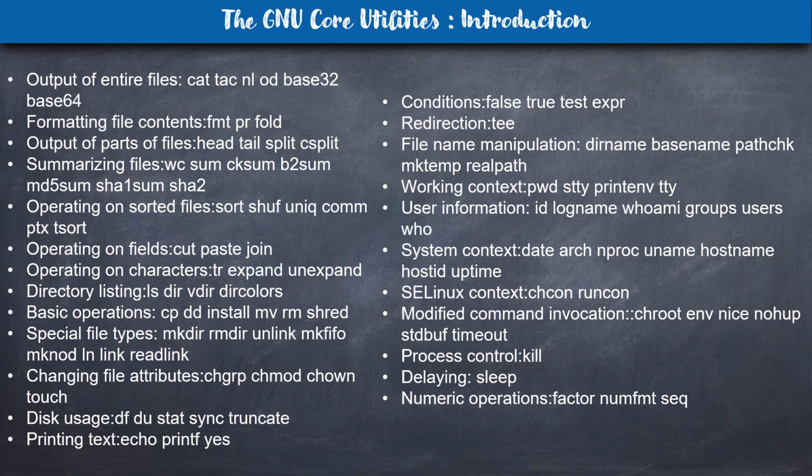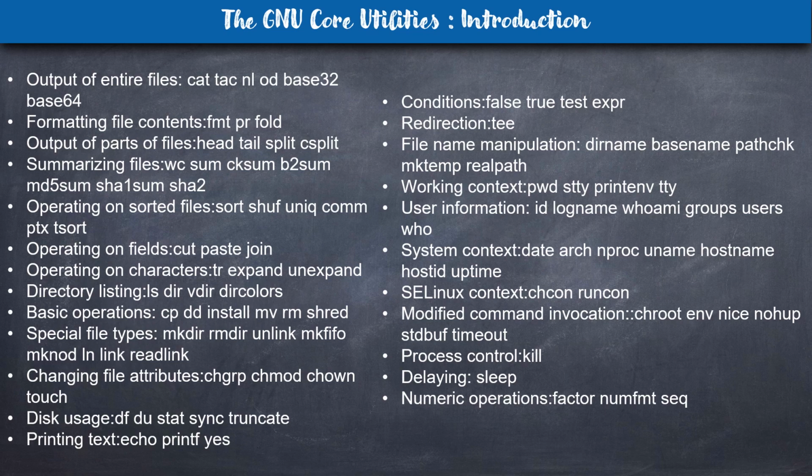Then changing file attributes like changing group, changing mode of a file, changing owner of a file. Touch is used to just create a simple file. Disk usage: df, du, stat, sync, all these come into disk utilities.